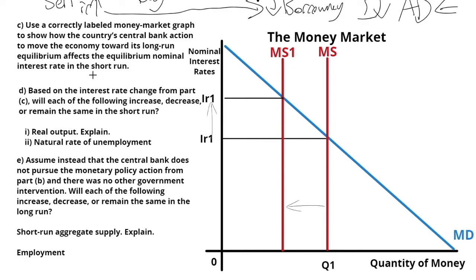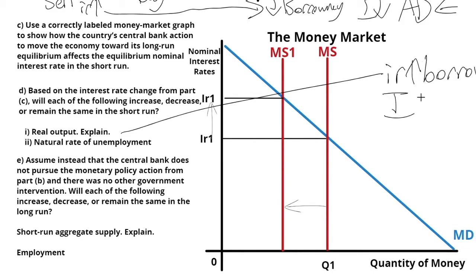Part D asks how this increase in nominal interest rates will affect real output and the natural rate of unemployment. Well, here we have to explain how the increase in nominal interest rates leads to a decrease in borrowing, meaning investment expenditures decrease and aggregate demand shifts to the left.